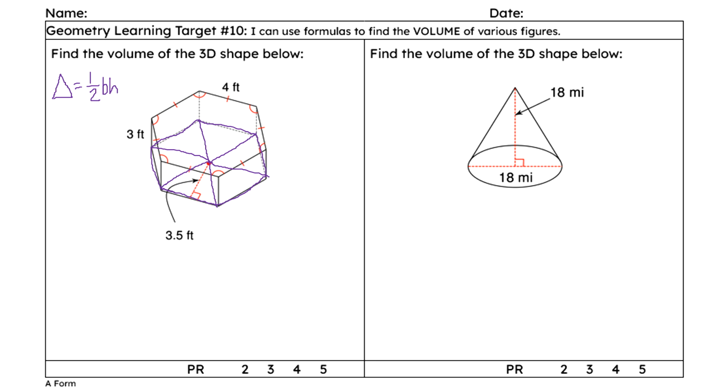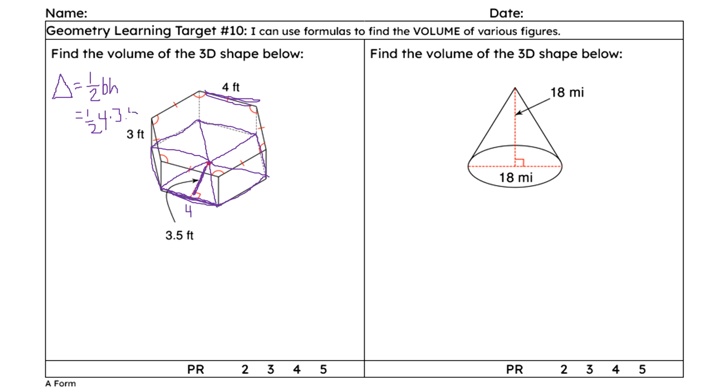So my base here is actually the same as this base here. Since it's tick mark congruent, it is 4. So the base is 4, and the height of the triangle is actually the apothem. That's the distance from the center of the hexagon to the flat side. So to find the area of the triangle, I'm going to take 1/2 of 4 times 3.5.